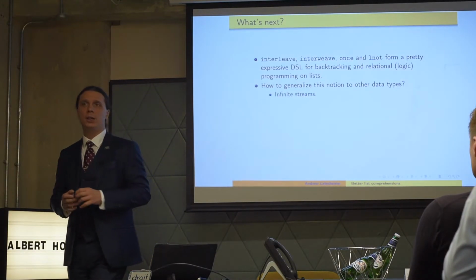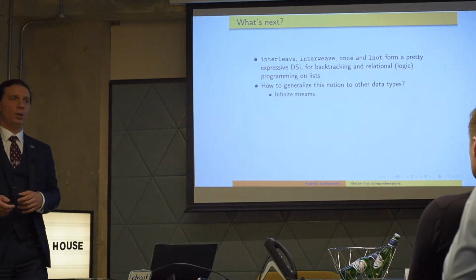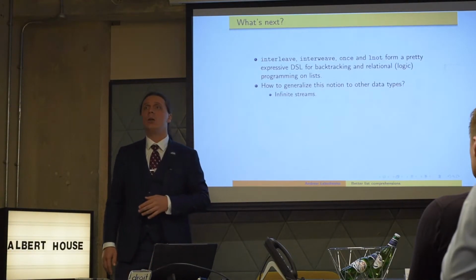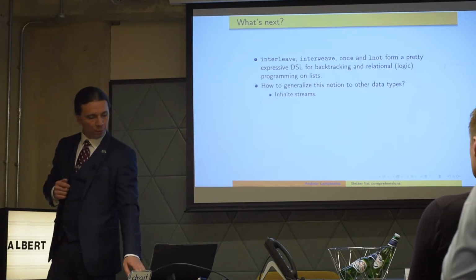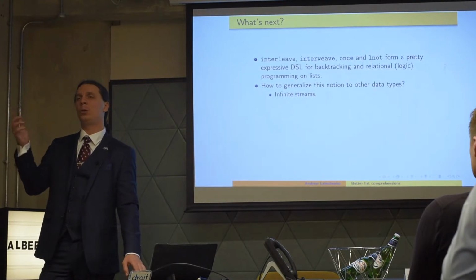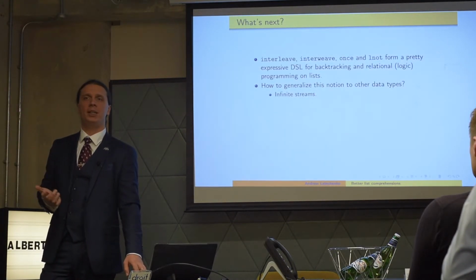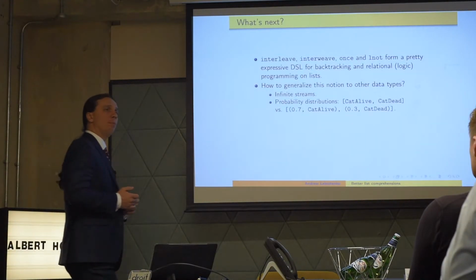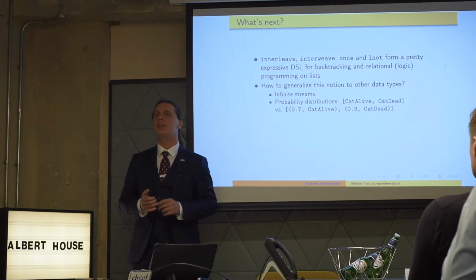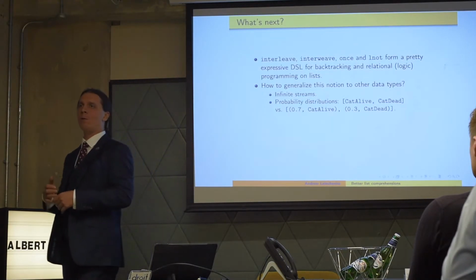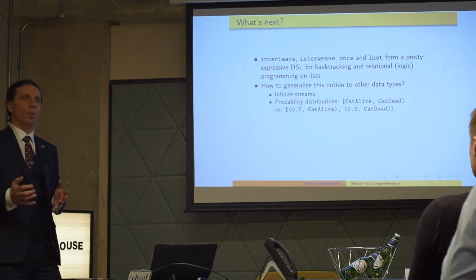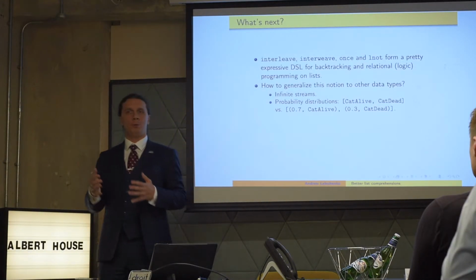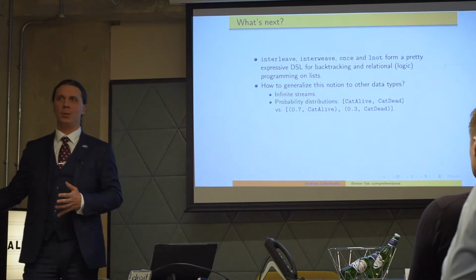We'd like to work with infinite streams of data which are actually infinite, and we'd like to work with values with associated probability. Like we can possibly model this multiverse model of quantum mechanics, where everything exists in all possible superpositions at the same moment.